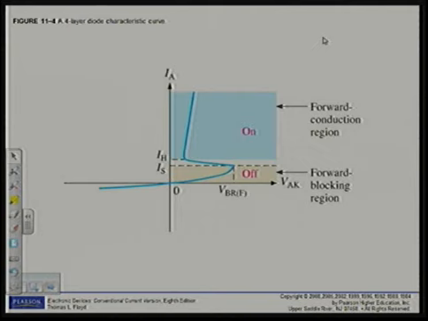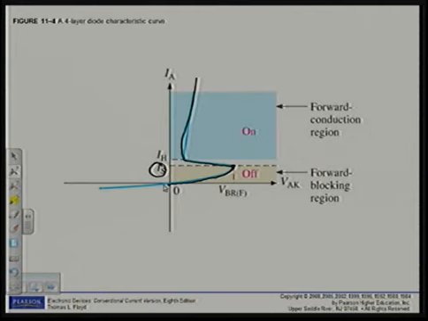As you can see here, it is forward biased, and the forward voltage increases from 0, and I will keep on increasing the voltage until I reach this point, which is called the forward breakover voltage. At this point, the device switches on, and you can see that it starts to conduct current. That current is called the switching current.